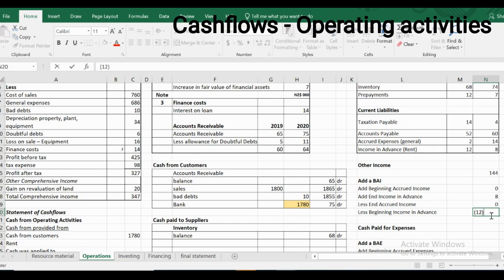I put things in brackets in my spreadsheet, it turns into a nice little negative there. So I've got 144. I'm going to add my 8. I'm going to minus my 12. And that's going to give me 140. So over here, I'm going to put 140.